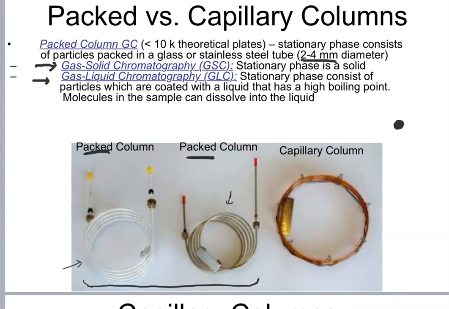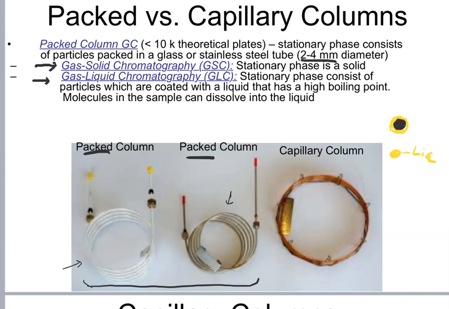Now you can also do what's called gas liquid chromatography in packed columns. And here what you would do is take a very similar solid support like this diatomaceous earth material, and then on the surface of that, you would put a thin layer of coating. And that coating would be a liquid phase. Now, you've got to be a little careful with what you use for your liquid.